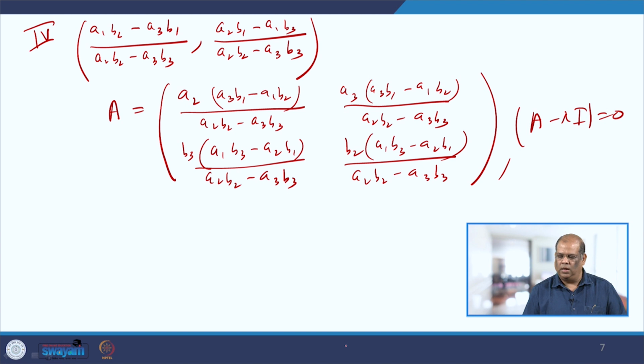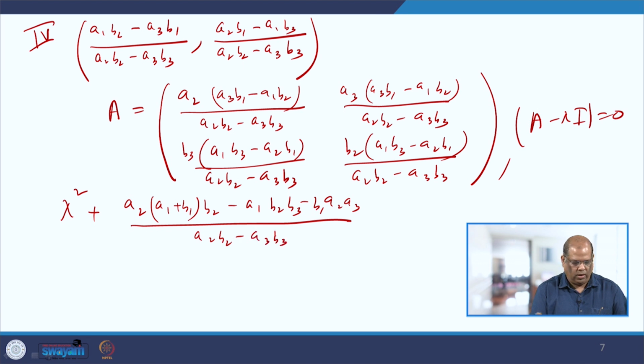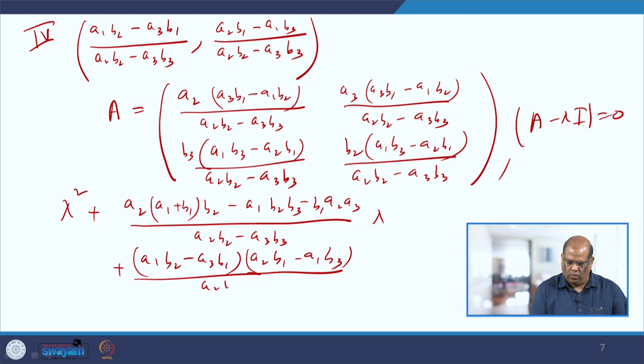So, you find the characteristic equation, which will be of the form lambda square plus (A2 A1 plus B1 into B2 minus A1 B2 B3 minus B1 A2 A3) divided by (A2 B2 minus A3 B3) times lambda plus (A1 B2 minus A3 B1) into (A2 B1 minus A1 B3) divided by (A2 B2 minus A3 B3) equal to 0.